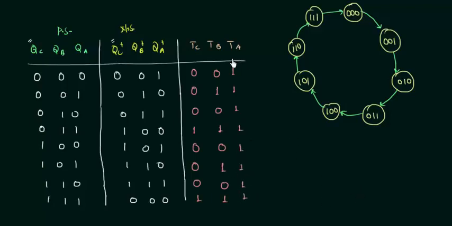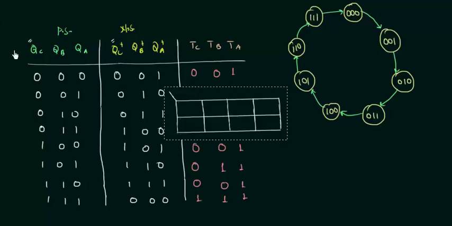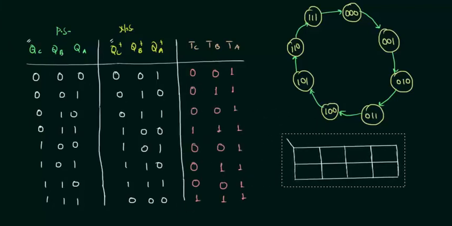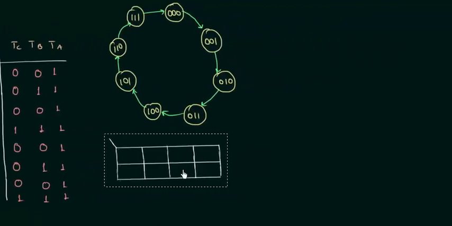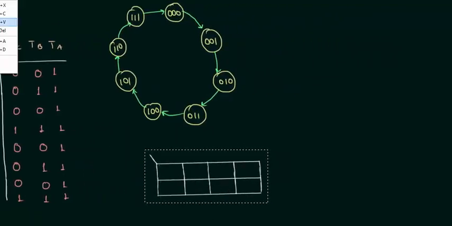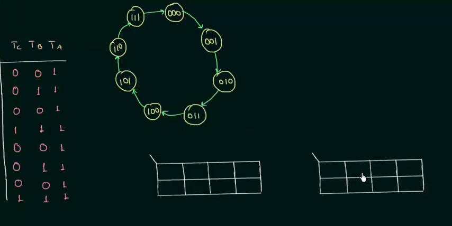Okay. Now we have TC, TB and TA. We can use an 8-cell K-map to find the minimized value for the 3 inputs. So I will paste an 8-cell K-map, and definitely we require 3 such maps, so I will paste 2 more.